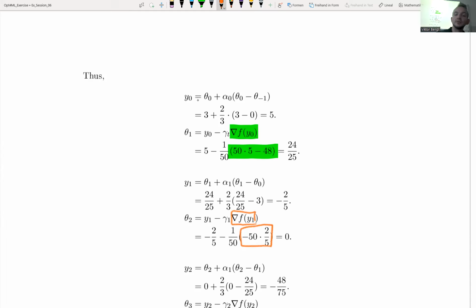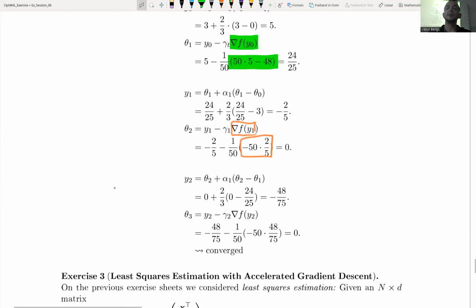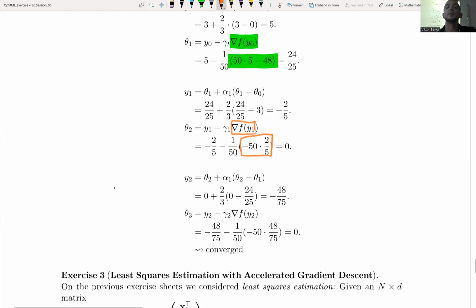Plug this minus 2/5 into the gradient at that position, and we end up with the 0. So this is correcting itself more or less as we want it. Again, you would need to do another iteration step. You compute the look-ahead position y2, plug it in, you get minus 48/75. You plug it into the iteration, nothing changes. You had a 0 before, you stay with the 0, you converged.